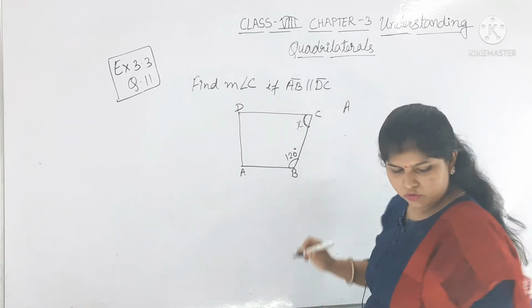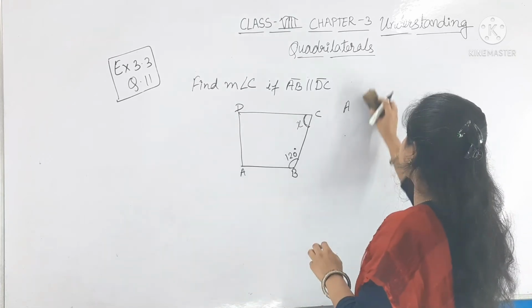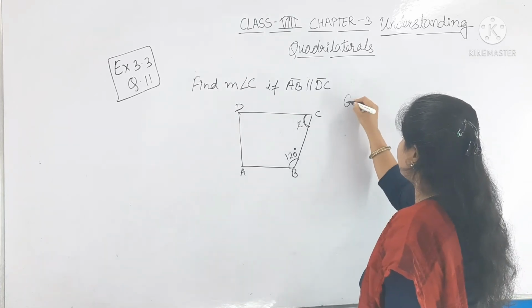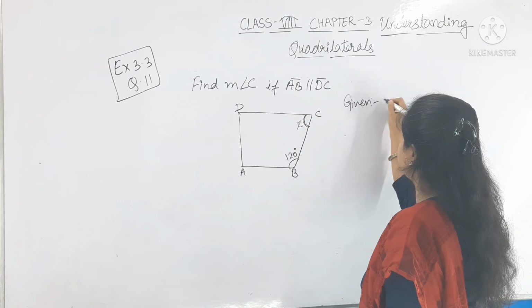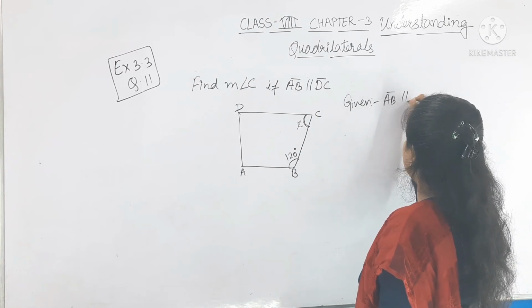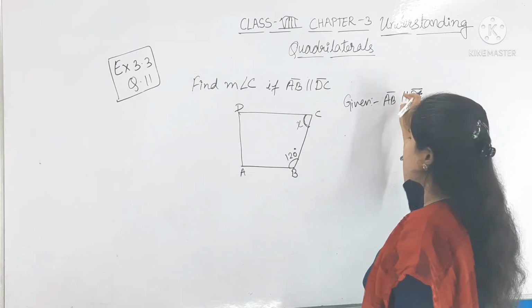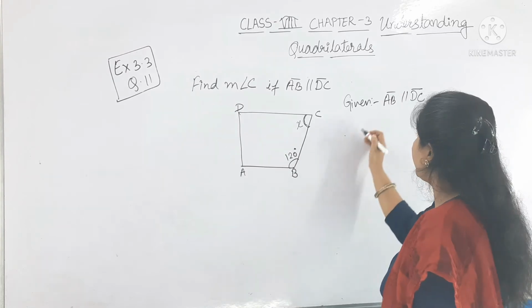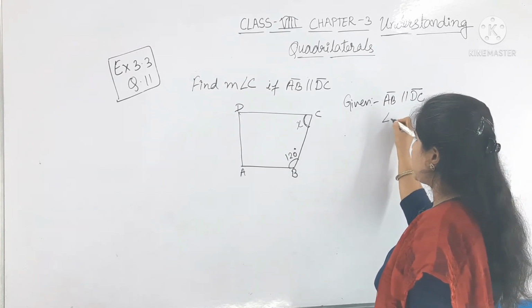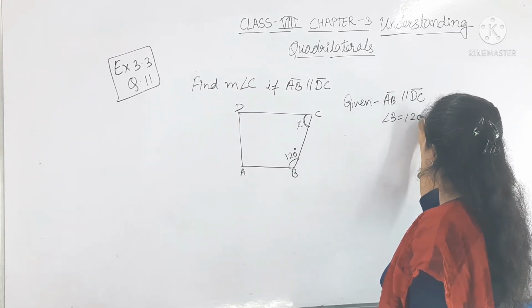So here you have to write first, given: AB is parallel to DC. This bar means line. And angle B is equal to 120 degrees.